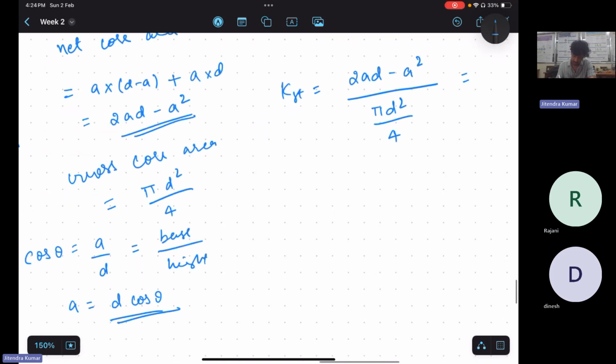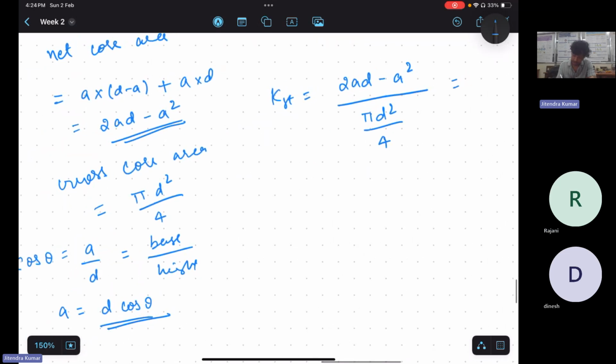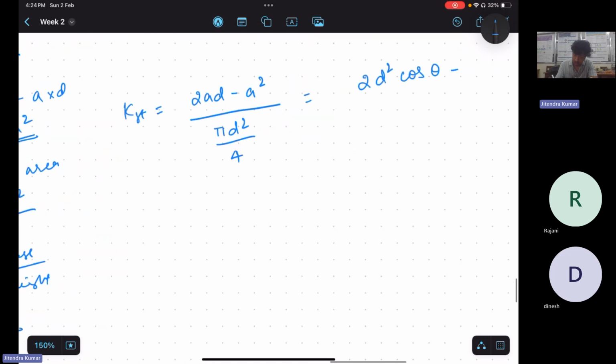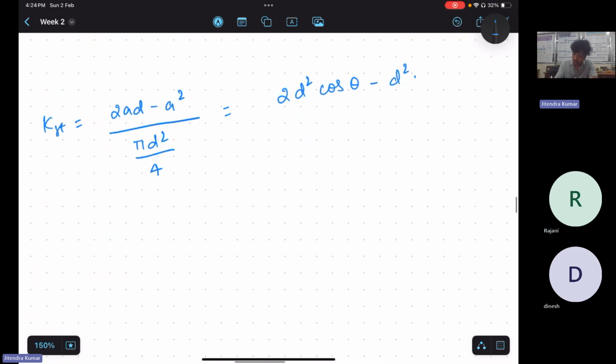So now A is equal to D cos theta. So now it will be 2 D square cos theta minus A square, with A equal to D cos theta, so D square cos square theta, divided by pi D square by 4.